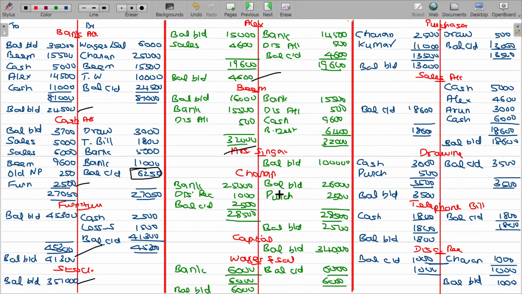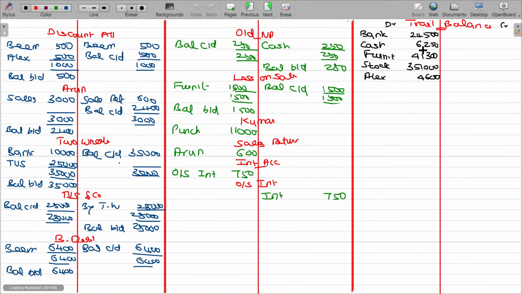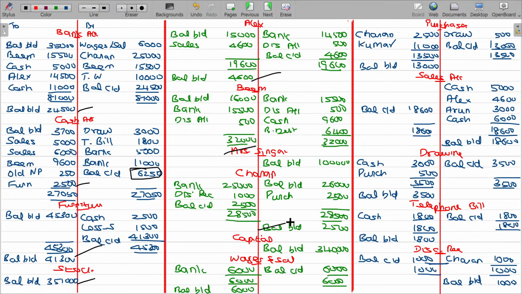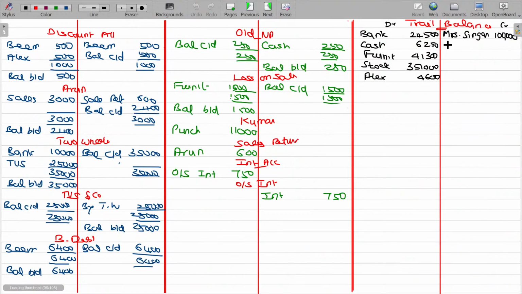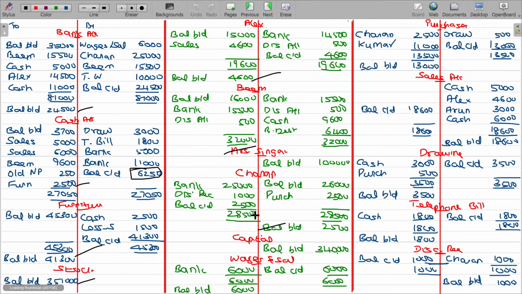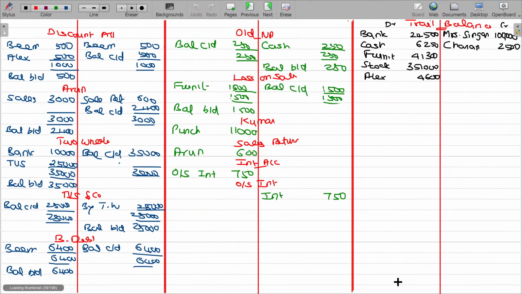Mrs. Singer loan credit balance 1 lakh. And Charan credit balance 2,500. Capital credit balance 3 lakhs 40.